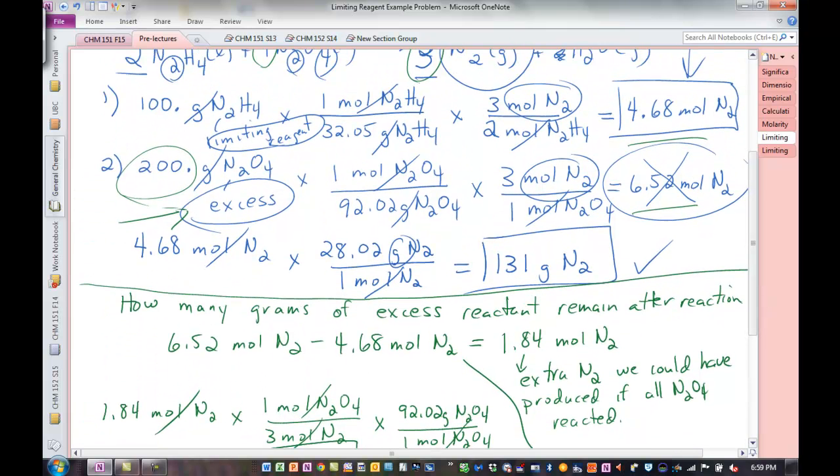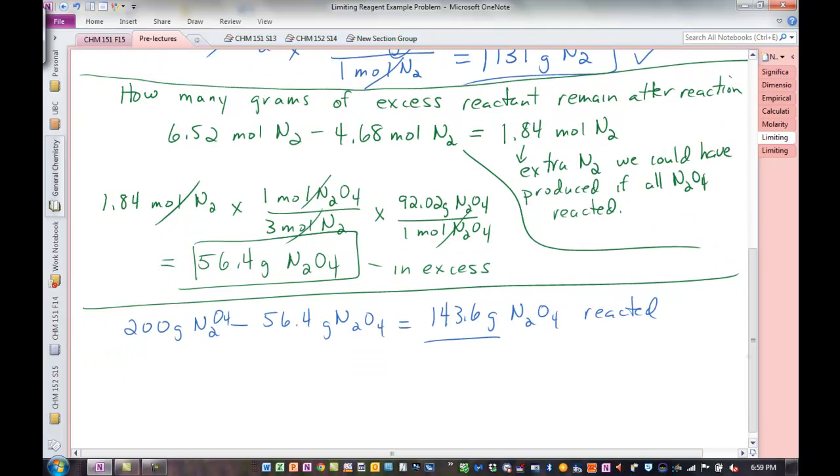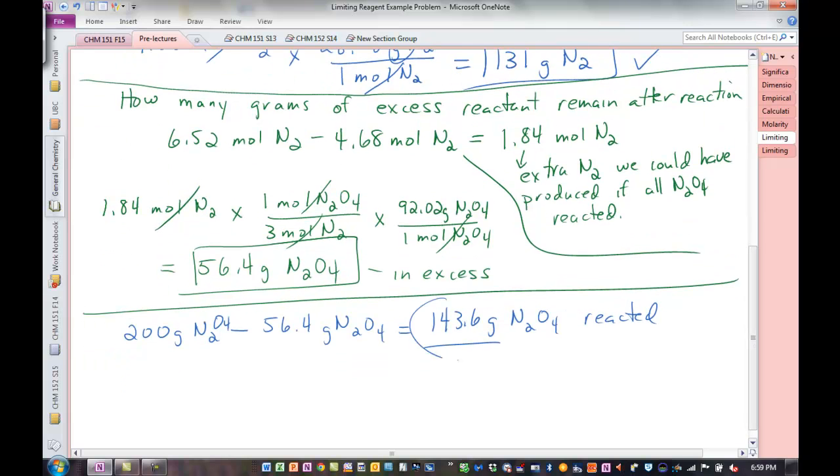Remember, from our limiting reagent, we got 4.68 moles. We should get the same number from the amount of N2O4 that actually reacted, if 143.6 is indeed the right amount. Like I said, on an exam, when you're pressed for time, I wouldn't do this unless you get to the end and you still have time left.